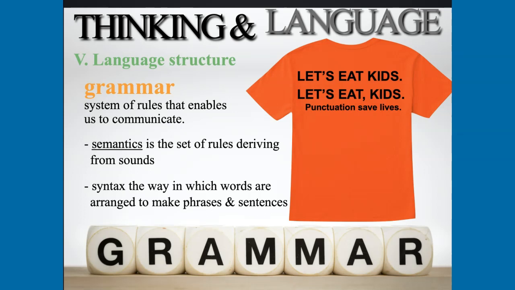So for example, in English, you have to follow subject, verb, and then object. And within that, you need to put the adjectives in front of your nouns. And so if you saw a sentence that said, boy, small bike, large road, okay, that wouldn't make any sense, right?